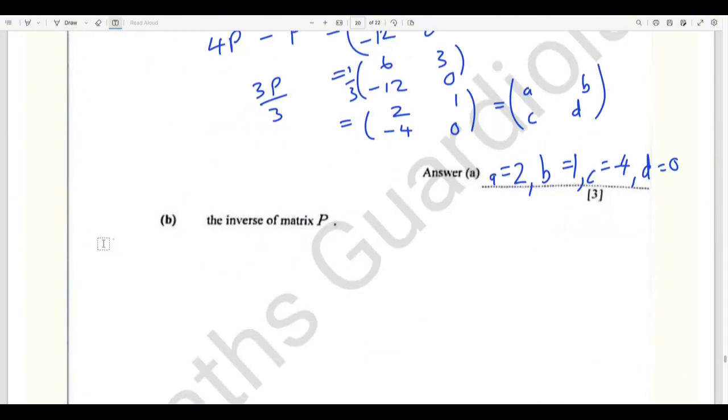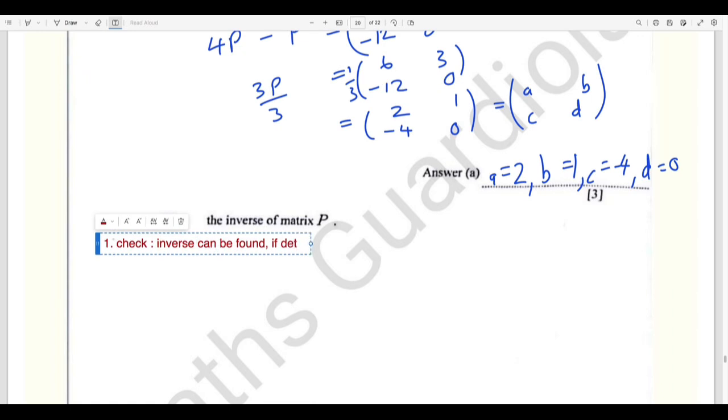Fine. Let's move on to part B of our problem. After you've written your answers here, you are asked to find the inverse of the matrix. To be able to find the inverse of a matrix, you first need to determine if the matrix is invertible. To check if an inverse can be found, in this case for matrix P, you need to find what we call a determinant.